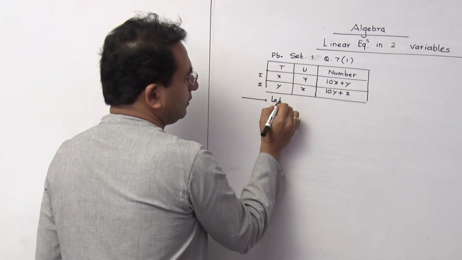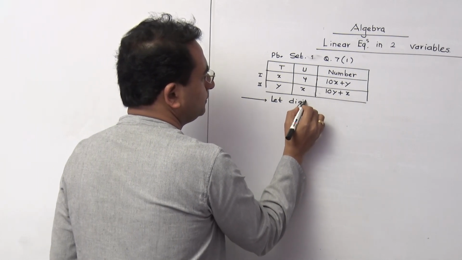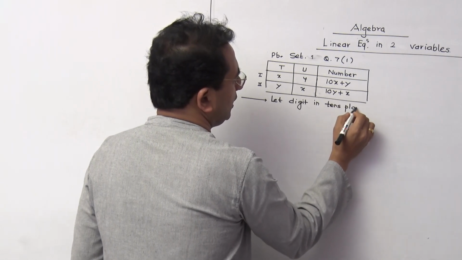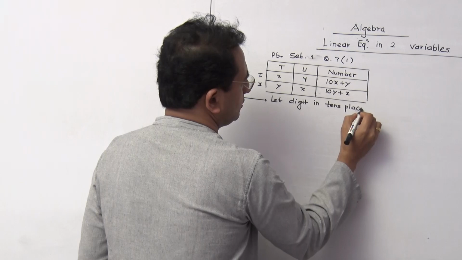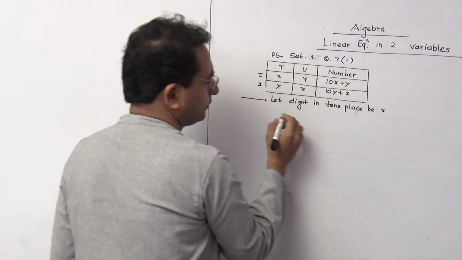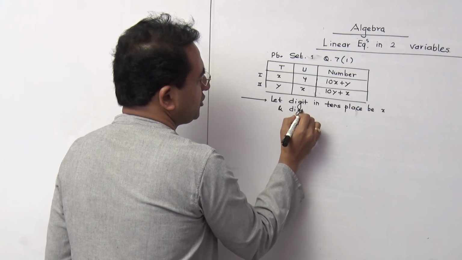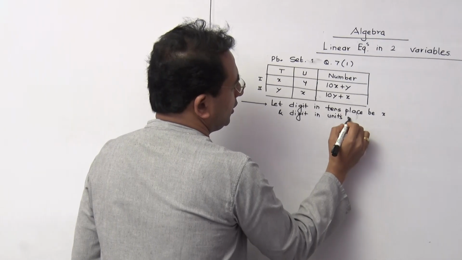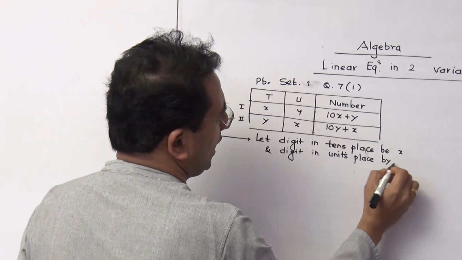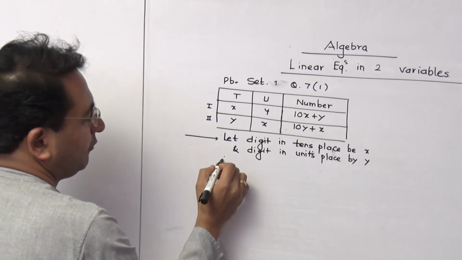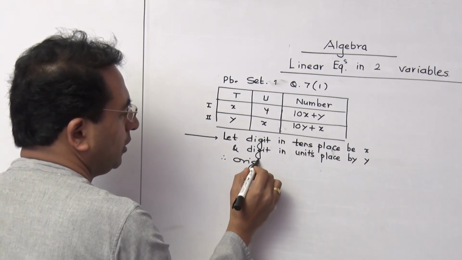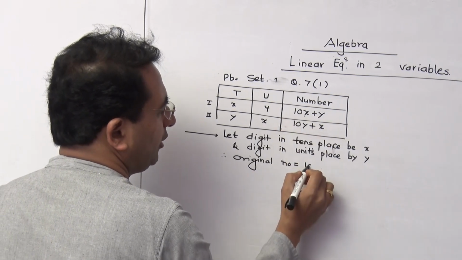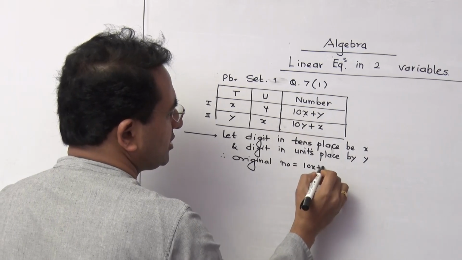So we have to write, let the digit in the tens place be x, and the digit in the units place be y, and therefore the original number is equal to, that is what I have introduced, what I have written here, that is 10x plus y.